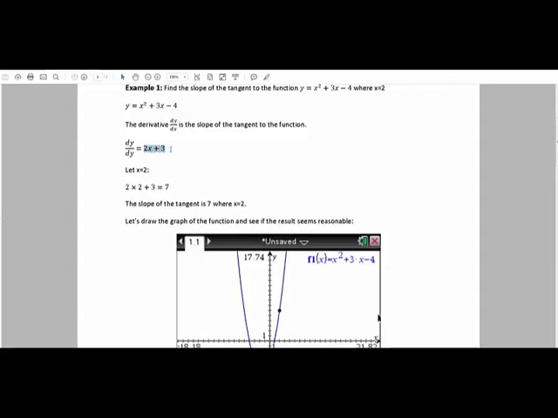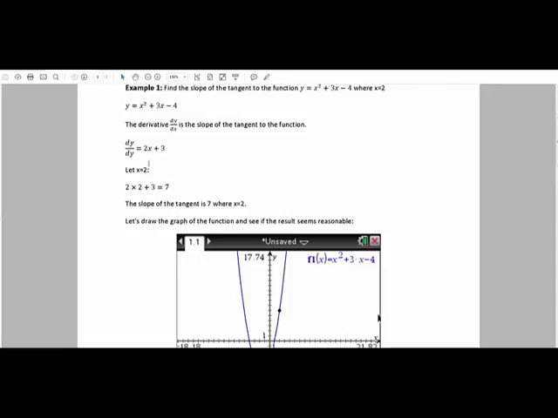Well, there are many applications. One application of the derivative of a function is that this describes the slope of the tangent at any point on the line. But we're interested at this particular point where x is equal to 2. So if we substitute x is equal to 2 into the derivative of the function, we will get the slope of the tangent going through this point.